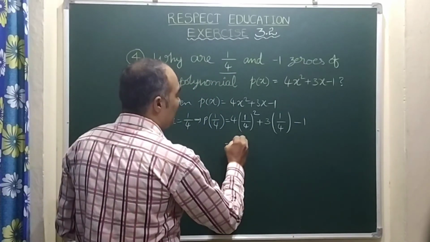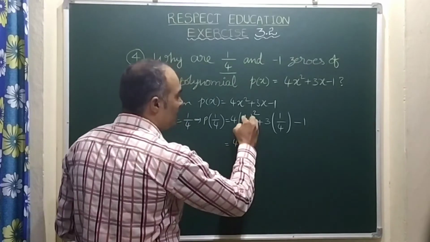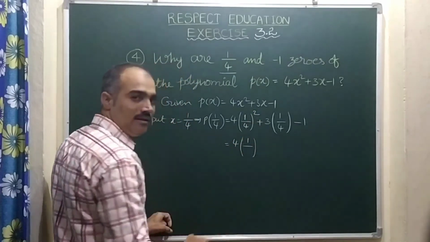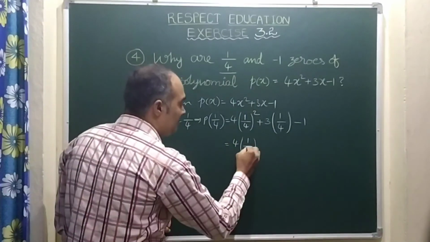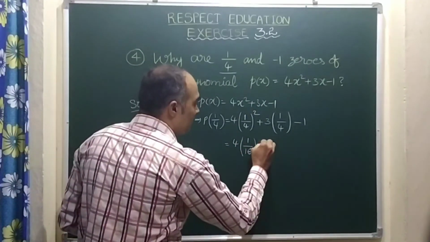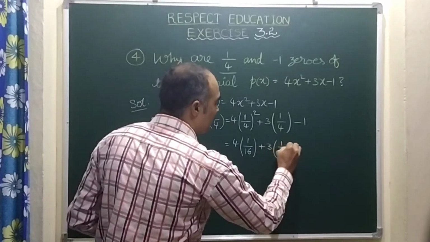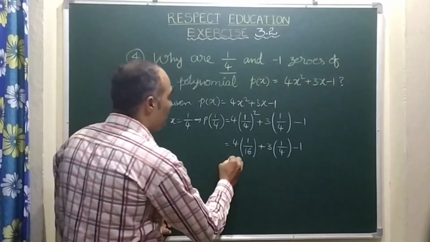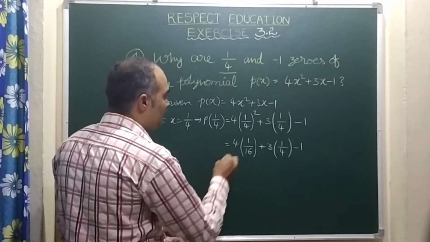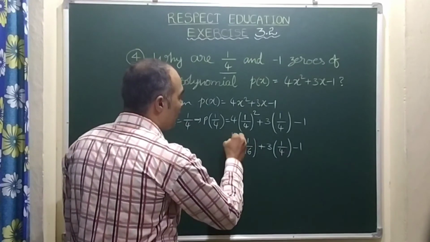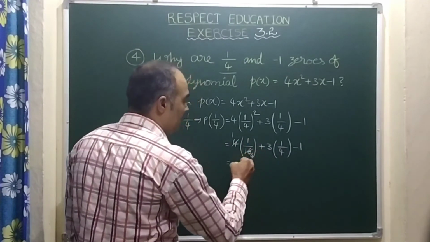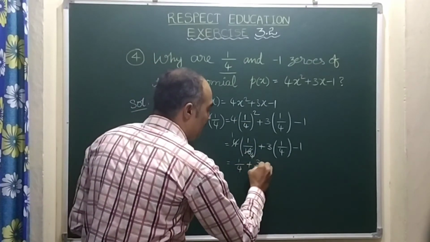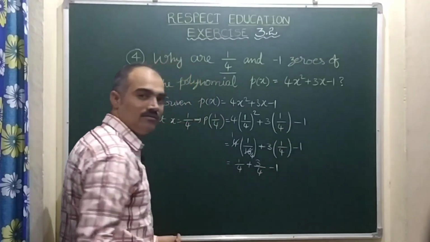Now here it is 4 into 1 square is 1 by 4 square is 16, plus 3 into 1 by 4, minus 1. So here you can cancel 4 and 16, it is 4 1 jar and 4 4 jar. So here we get 1 by 4 plus 3 by 4 minus 1.